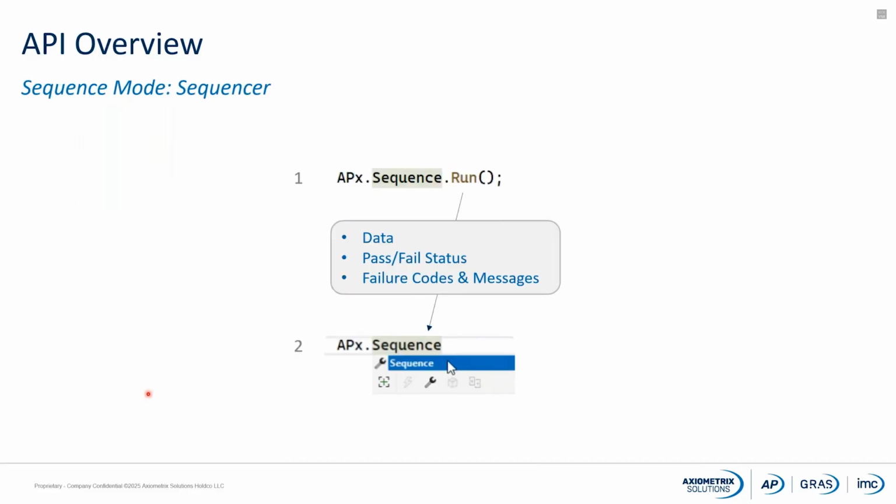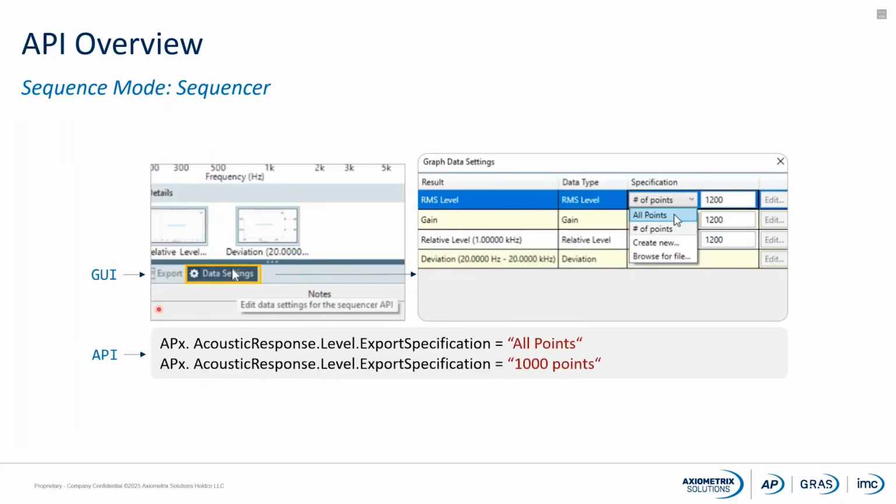So what we've been looking at is how to get data directly from measurements. However, when you run a sequence, it will collect all of the data from all of the checked measurements, including pass-fail status, failure codes, and messages into this APx.sequence collection. And you can control how many data points are picked up into this collection.